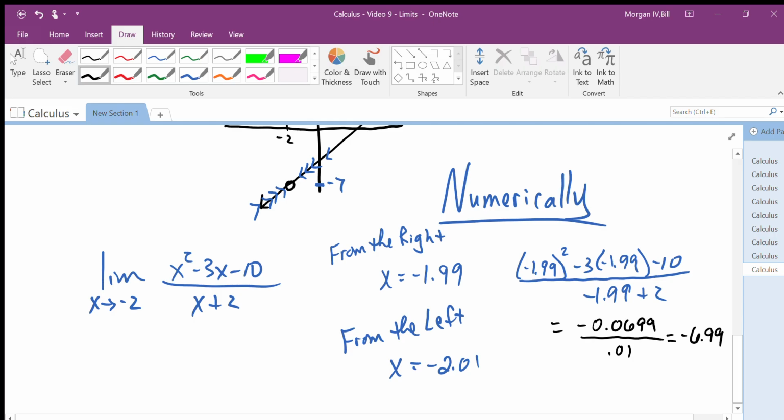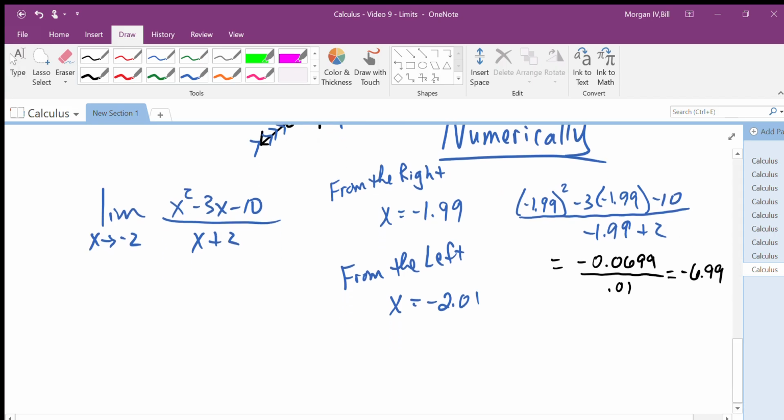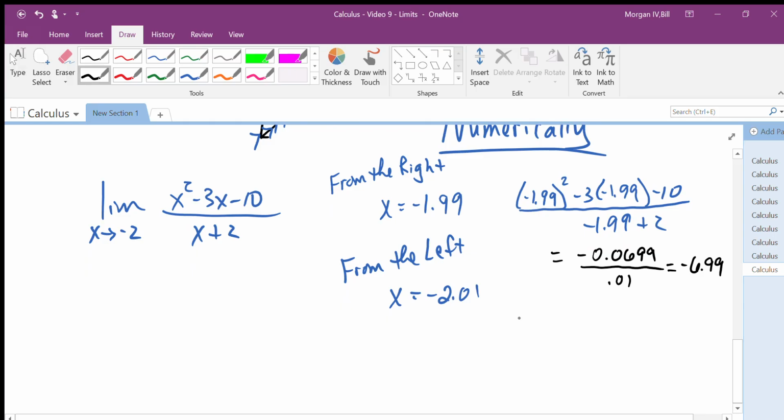And so we can see from the right-hand side, if you move just to the right of negative 2, the value is negative 6.99. And if you go just to the left of negative 2, same idea here, negative 2.01 squared minus 3 times negative 2.01 minus 10 over negative 2.01 plus 2.